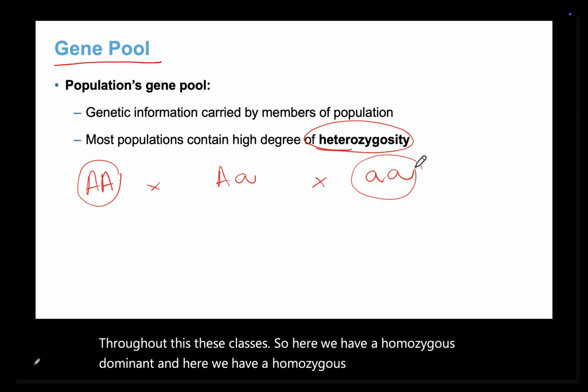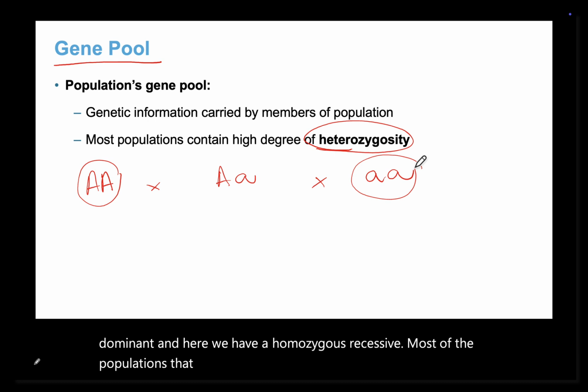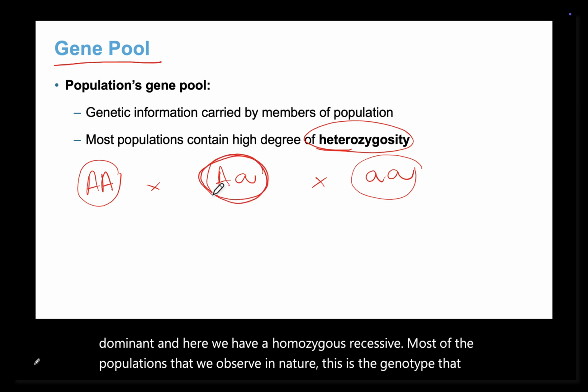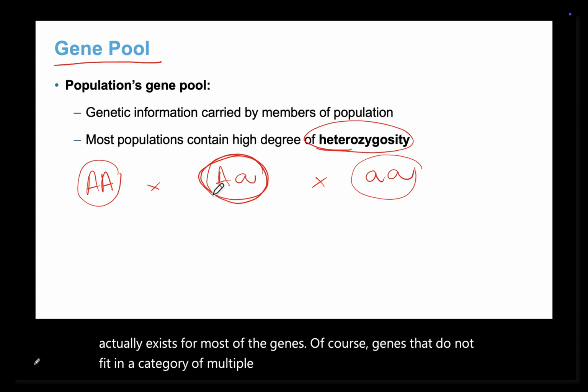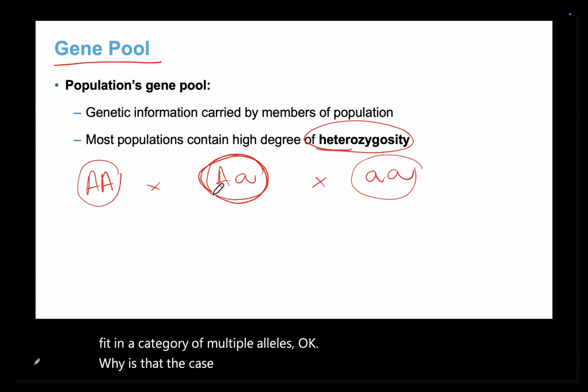Most of the populations that we observe in nature, this is the genotype that actually exists for most of the genes. Of course, genes that do not fit in the category of multiple alleles, okay? Why is that the case? Why would we favor heterozygous in a population?